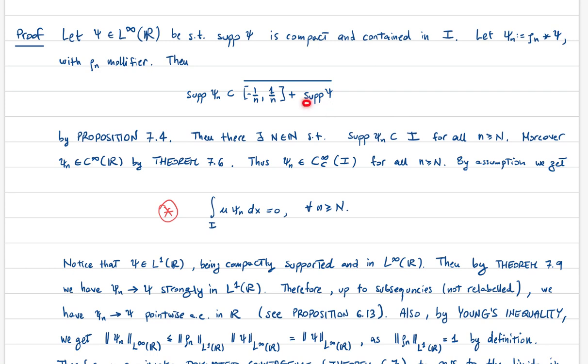Therefore, since this is compactly supported and the support of psi is contained in our original set I, and since this is becoming small, it means that there exists some n, capital N, such that this support here is contained in I for all n sufficiently large, so larger than this capital N here.